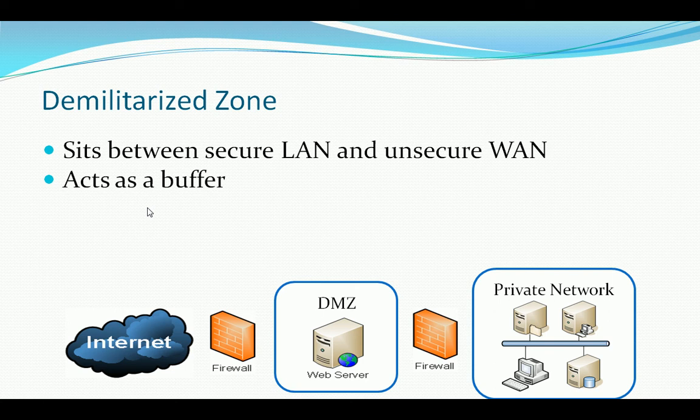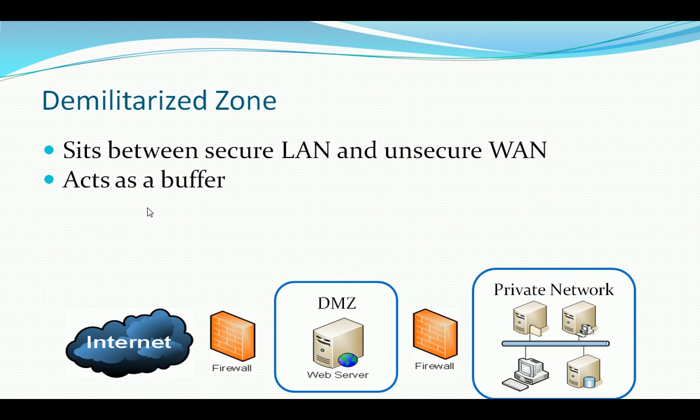It's funny that the term DMZ has really become the de facto term for this, but I always thought of it as the network lobby. That's how I always explained it to people: when customers come into your office building, they don't walk right into the back office. They come into a lobby, and that's where the public interfaces with the company.